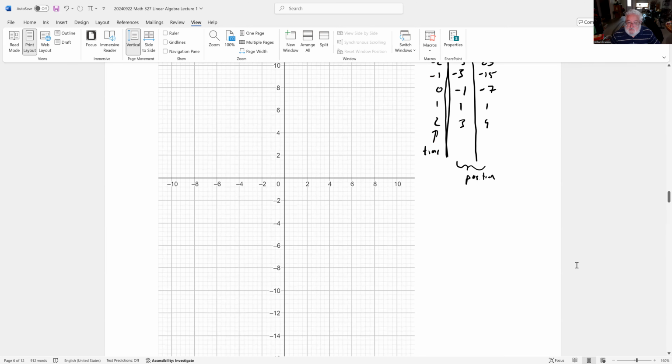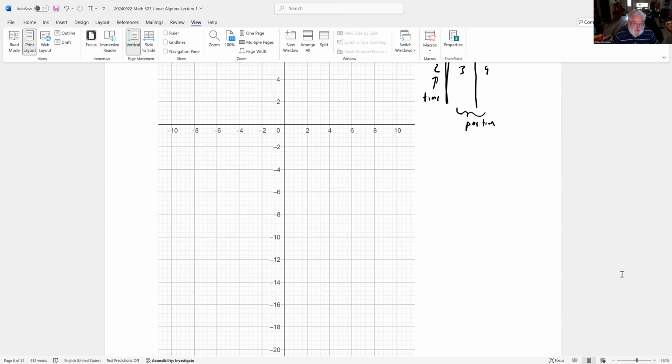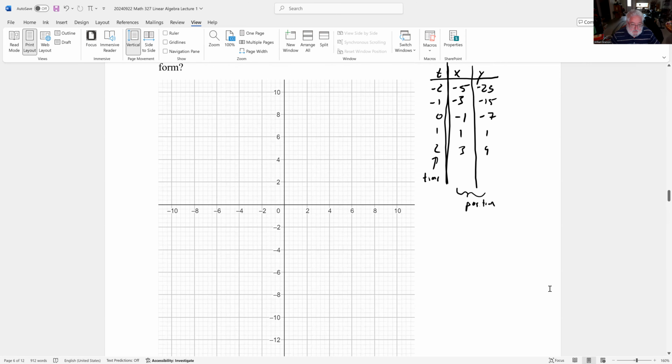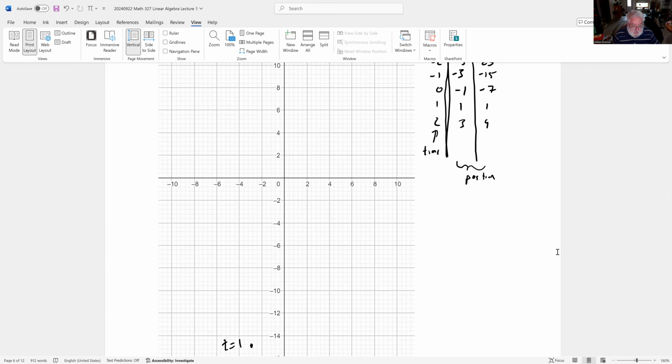At t equals -1, we're at -3, -15. -3 is about here. -15 is about here. So that's t equals -1. When t equals 0, we're at -1, -7, which is about here. That's t equals 0. And then when t equals 1, we're at the point 1, 1. That's up here.